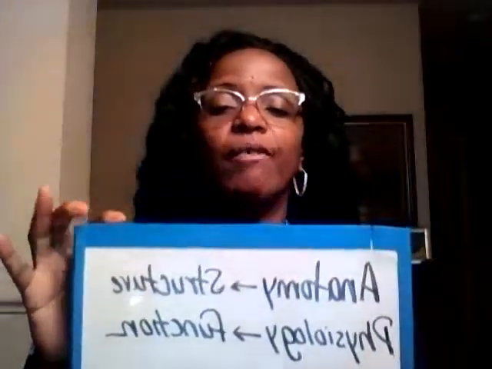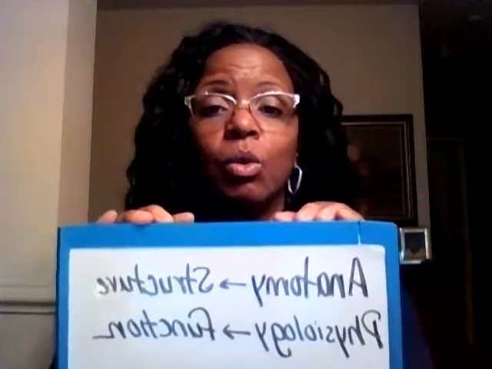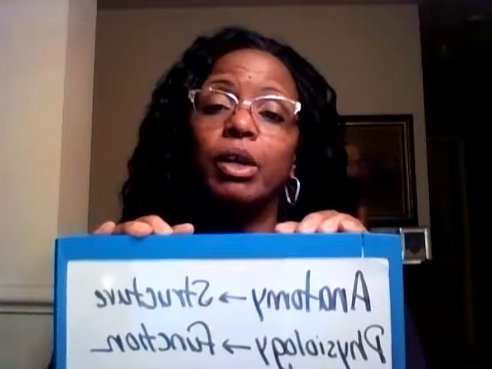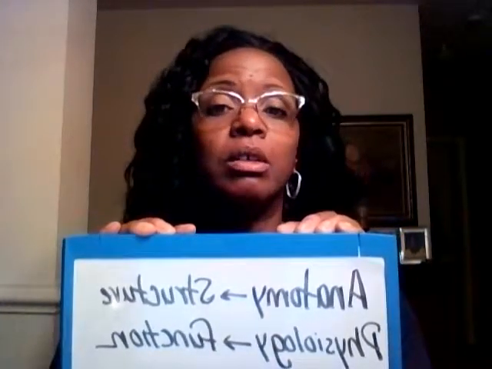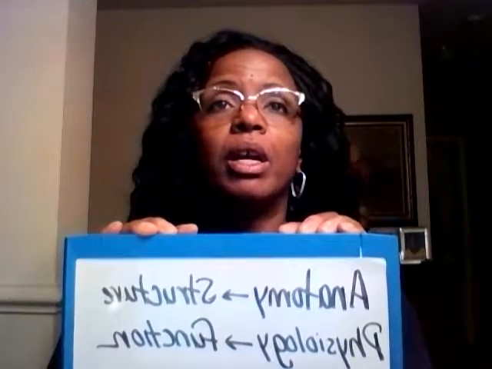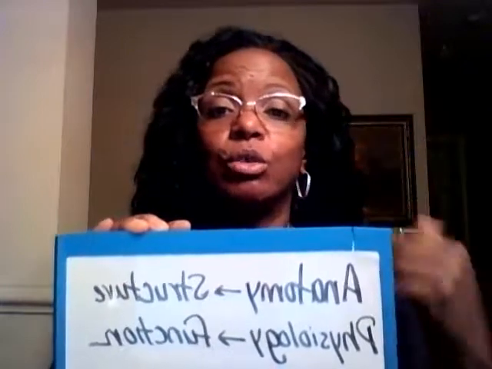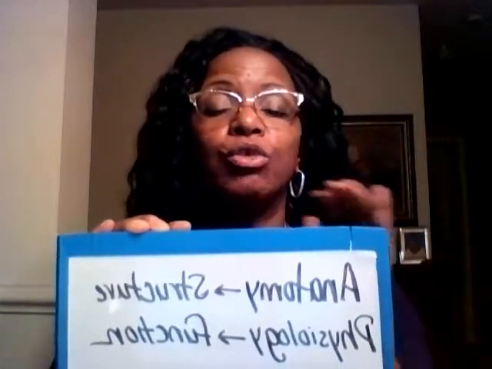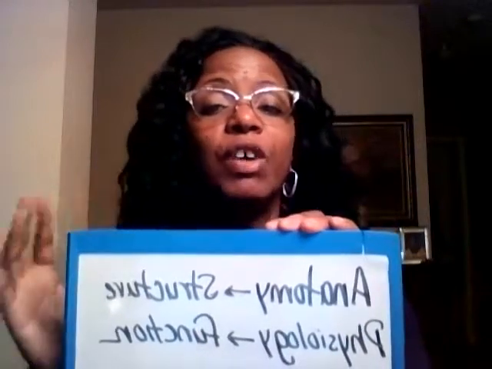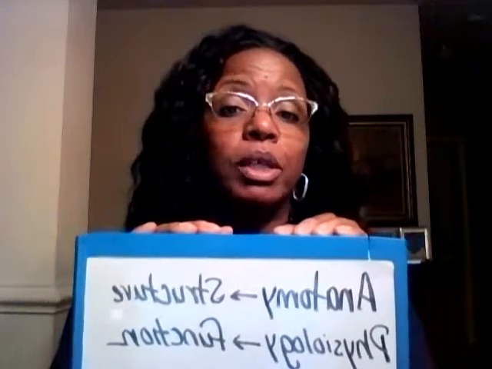Anatomy focuses on the various structures, and since we are focusing on the human body, we're talking about human anatomy. So we're looking at the structures from the cellular level all the way up to the organ systems and the actual human body in full itself. While we focus on the structures, we are also looking at the functions of the various structures that are part of the human anatomy.